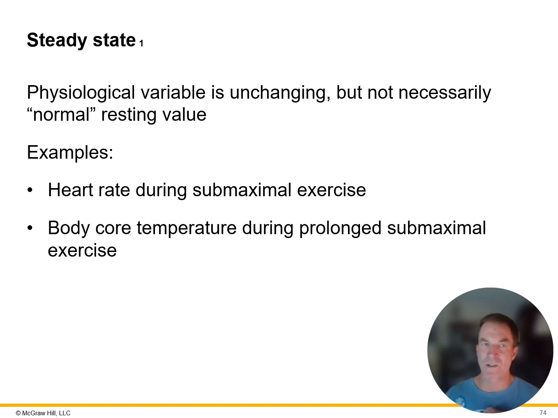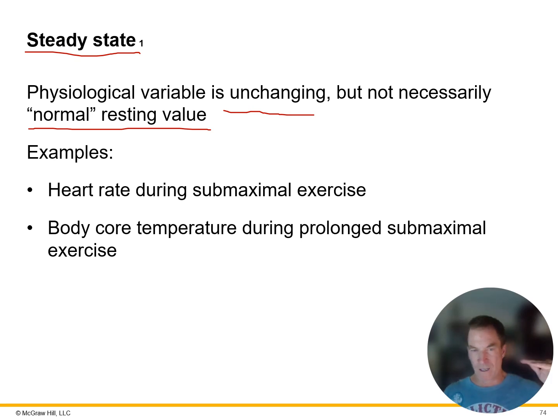So what is a steady state? The variable is unchanging, but like I said, not necessarily the normal resting value. If you were running, you'd obtain some higher heart rate, but eventually you'd stay at that heart rate for that running speed. Say you run a little faster, you'd have a little higher heart rate. It takes roughly 3 minutes for someone to reach a true steady state.